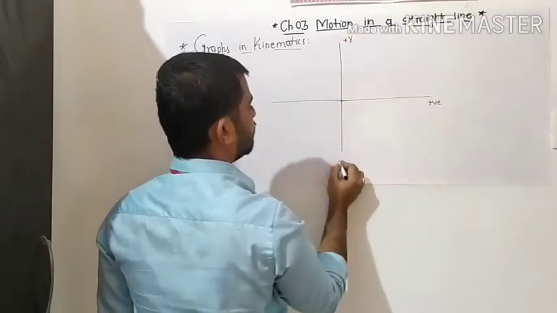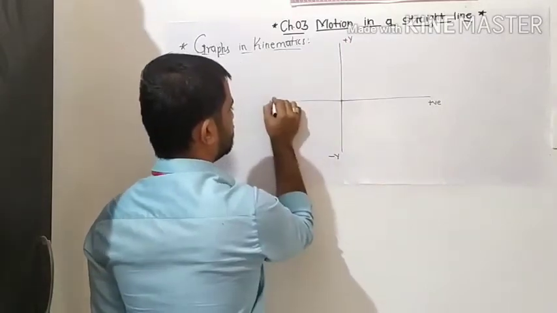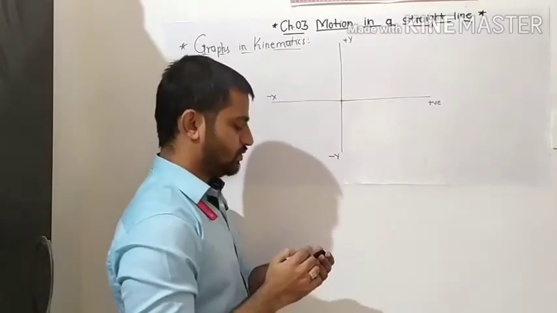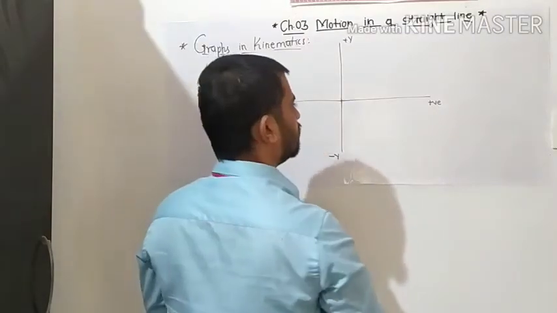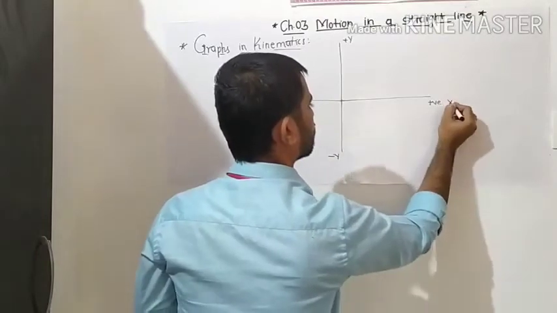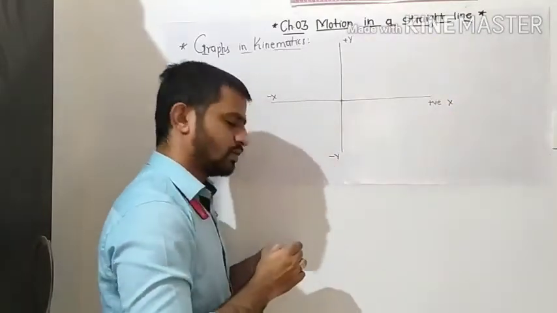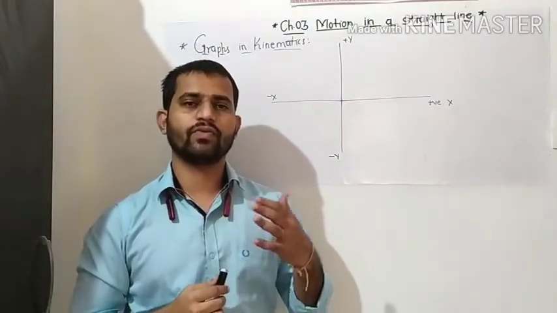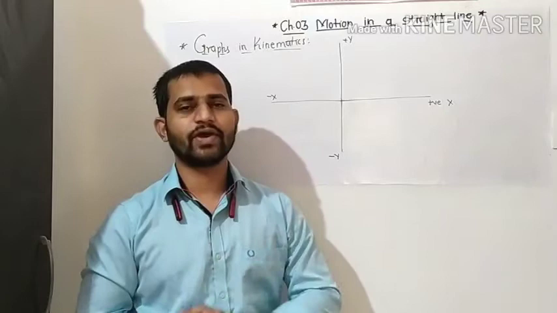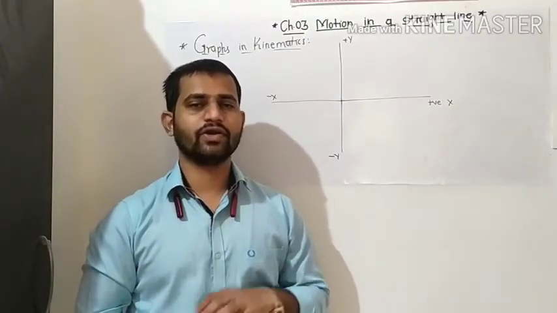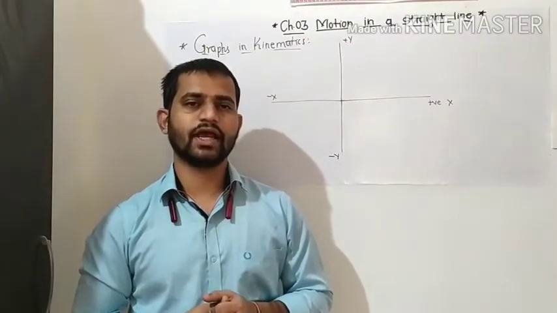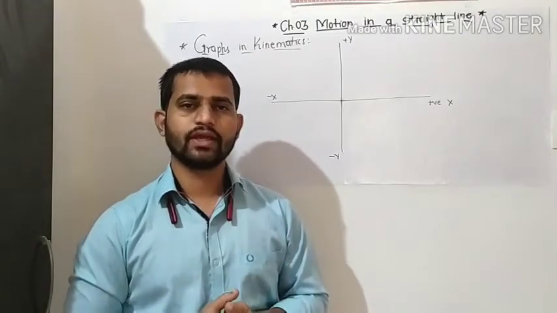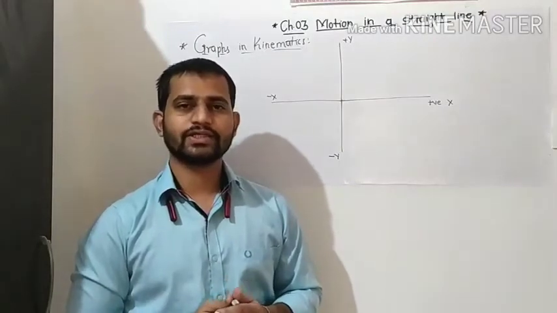Then this is the negative y axis and this is the negative x axis. What is important is that the value of any point along the y axis represents the value of the y axis only. It will not represent the value of the x axis. That is, along the y axis the value of the x coordinate will be 0.